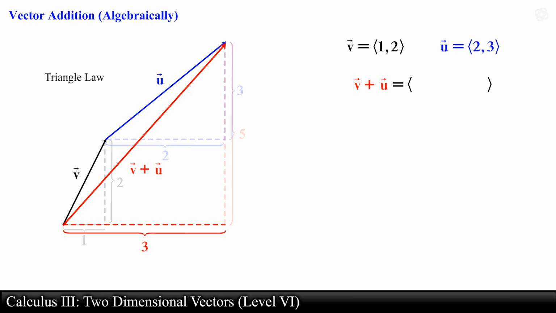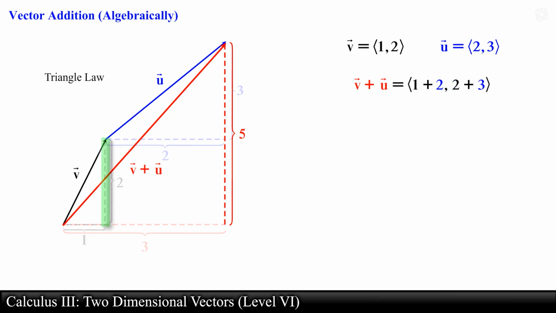Notice that the x component of the resultant vector is the sum of the x components of vector v and u. In the same manner, the y component of the resultant vector is equal to the sum of the y components of vector v and u.